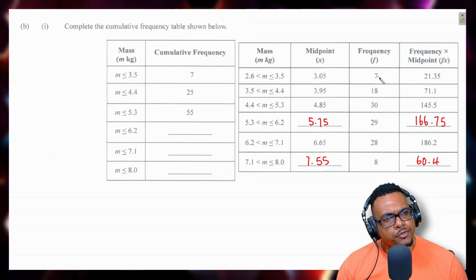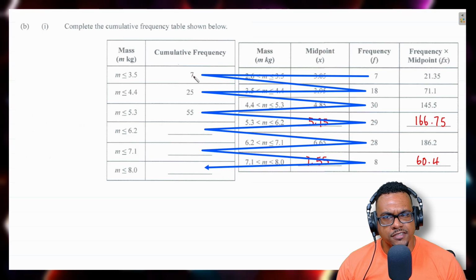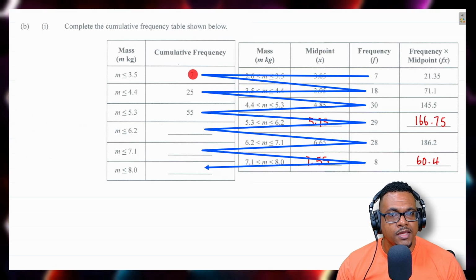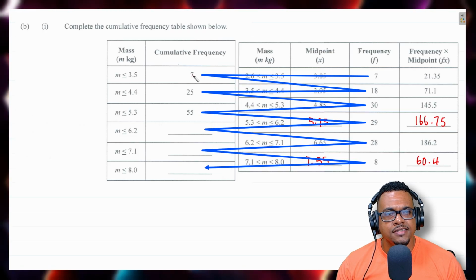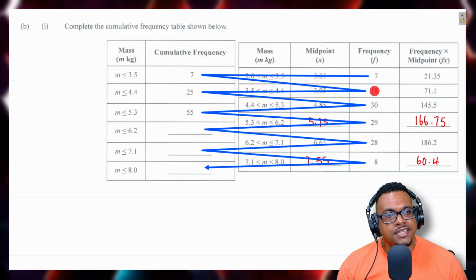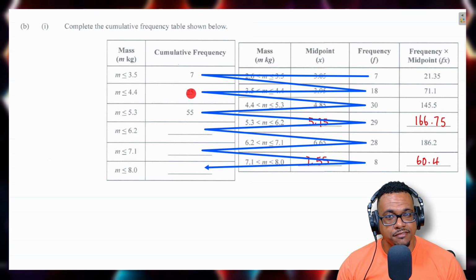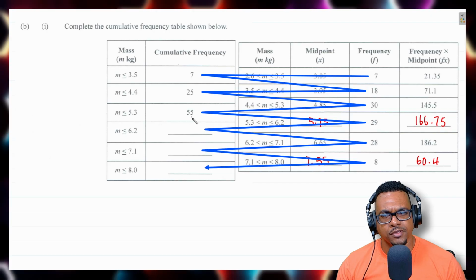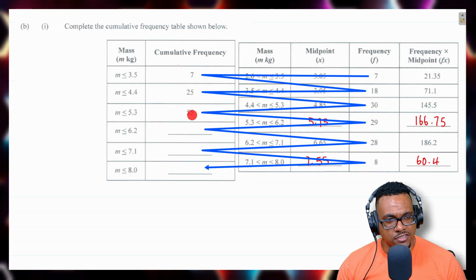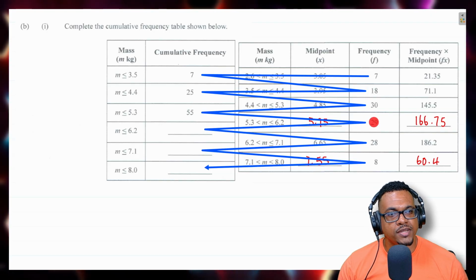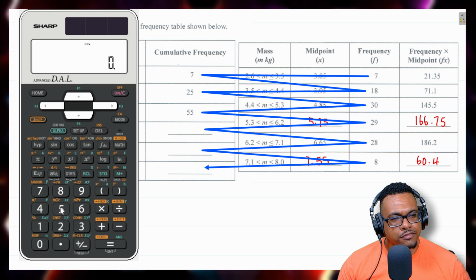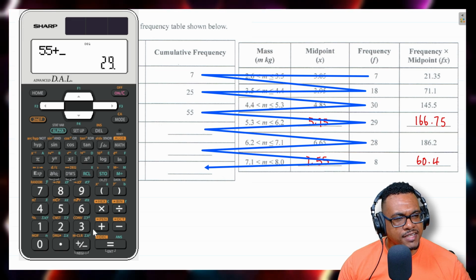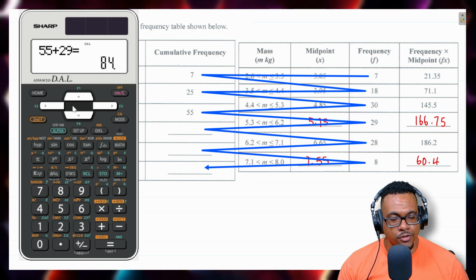And your first frequency is 7, therefore that's your first cumulative frequency. And then you're going to say 7 plus 18, and that will give you 25. And then 25 plus 30, and that will give you 55. To continue, you have to put 55 plus 29, that will give you 84.